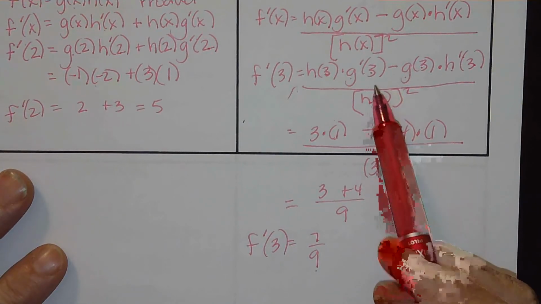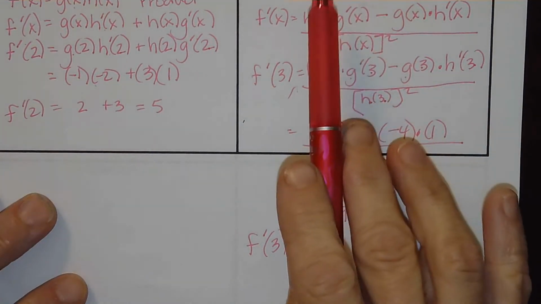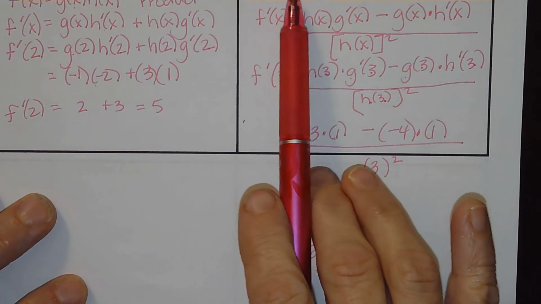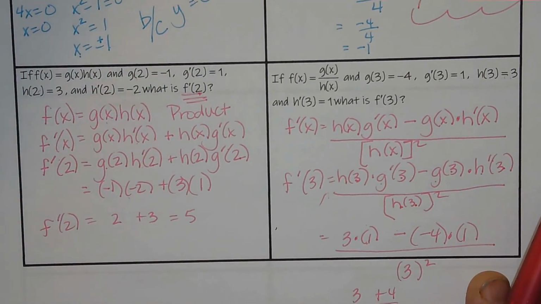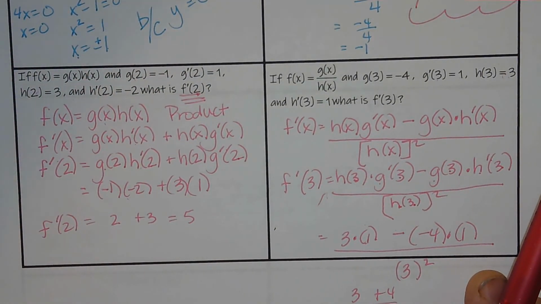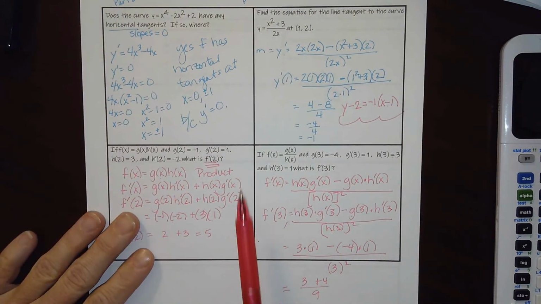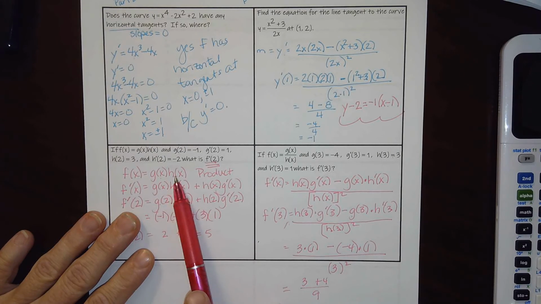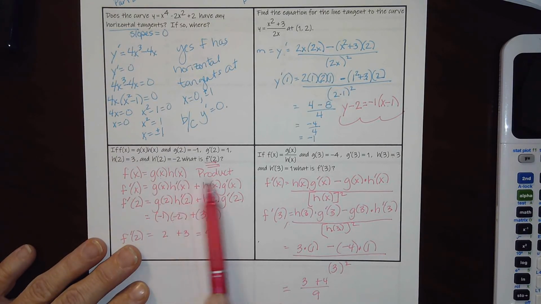So finding derivatives, you definitely have to know your quotient rule and your product rule. Let me see if I can make this smaller. I want to zoom out a little bit. So let's see. You've got to know how to find a derivative using the product rule and the quotient rule.